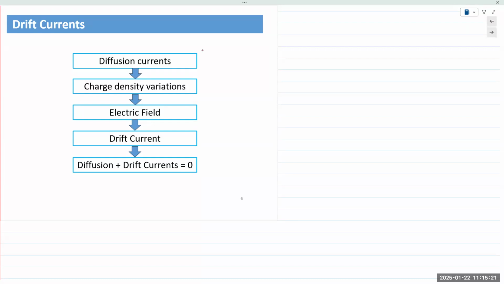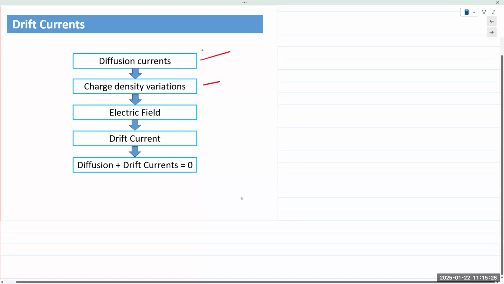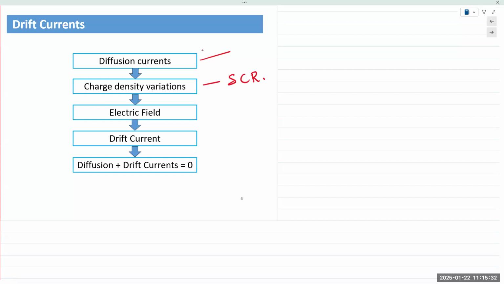That diffusion current gives rise to a space charge region near the junction. That space charge region consists of ionized donor atoms with positive charges on the n side and ionized acceptor atoms on the p side. That gives rise to an electric field.